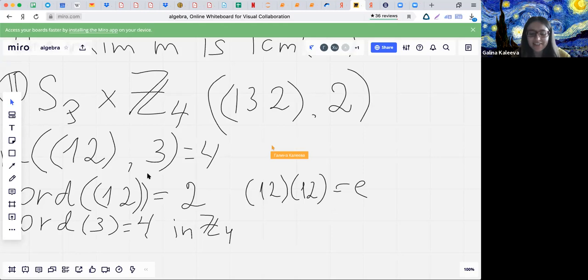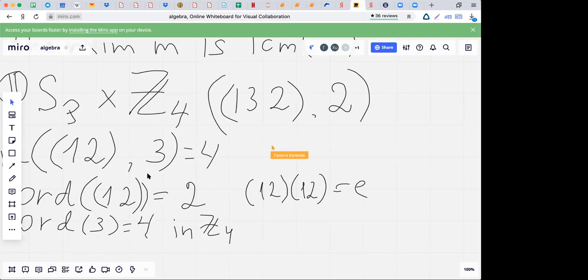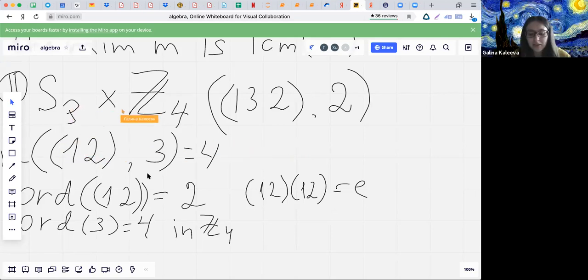Okay, let's find the order of these elements. The order of (1 3 2), multiplied by (1 3 2). Do you remember the order of some cycles? The order of a 2-cycle is 2.